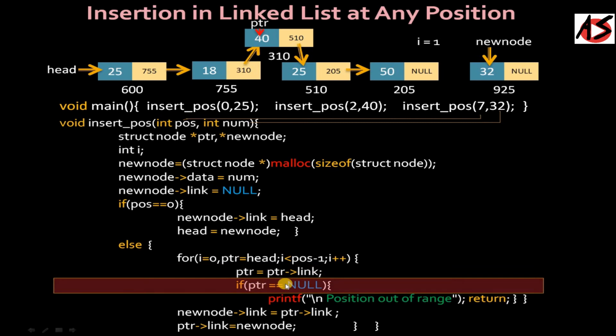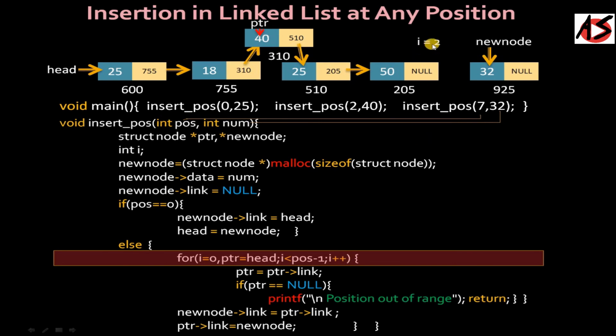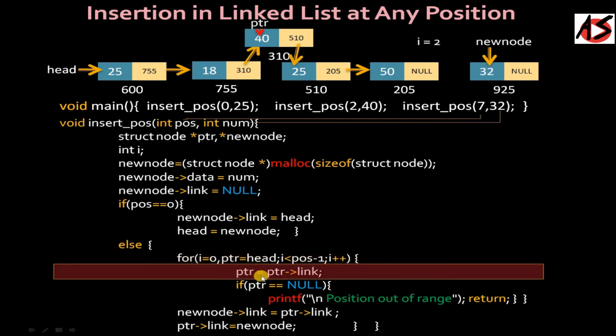Now again we will check the condition pointer is equal to null. No, pointer is not null because it is pointing to 310. So again I gets incremented. Now the I value is 2. Again 2 is less than 6, so again we will execute this instruction, pointer is equal to pointer link.